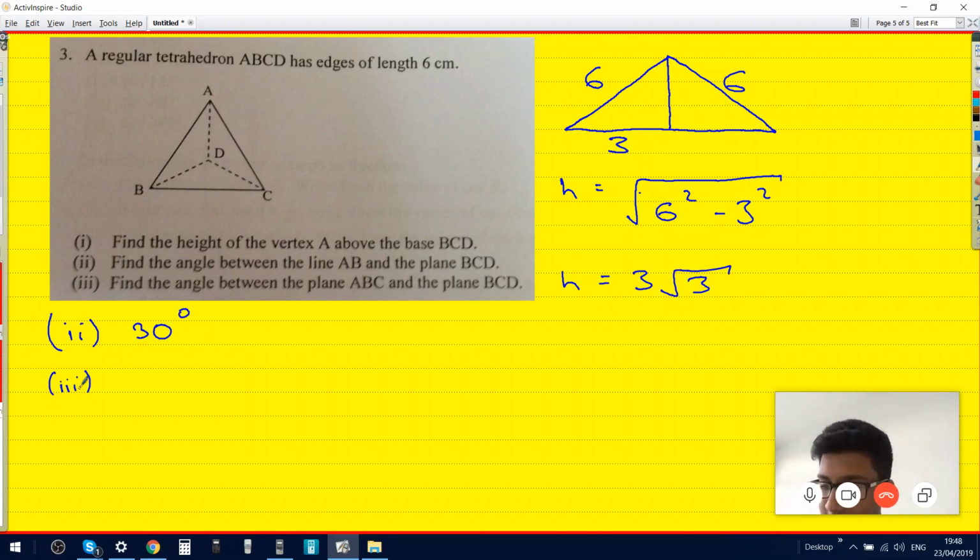Angle. So you've got the center point. Again, you can use the right angle triangle. You know the height already, that's 3.